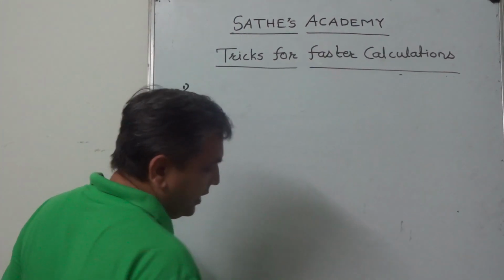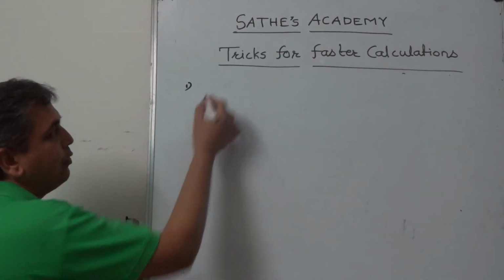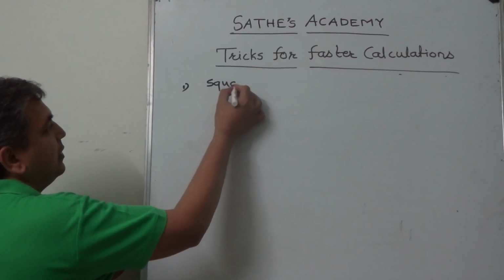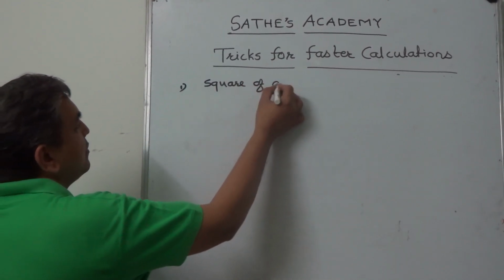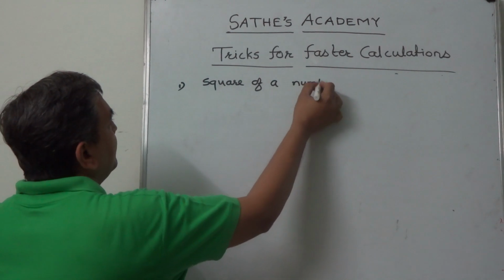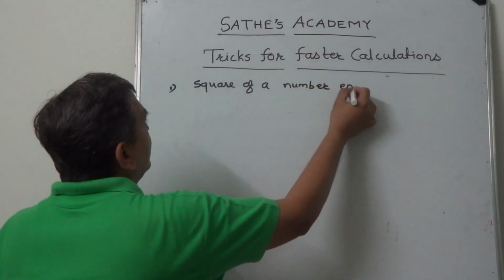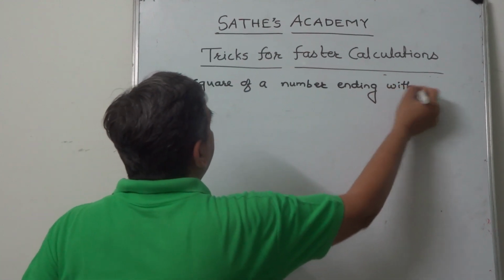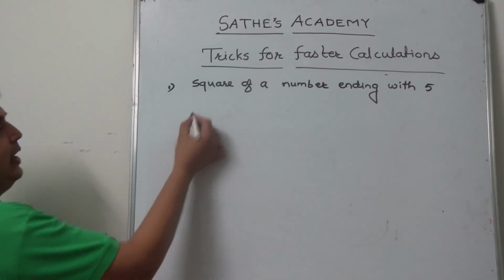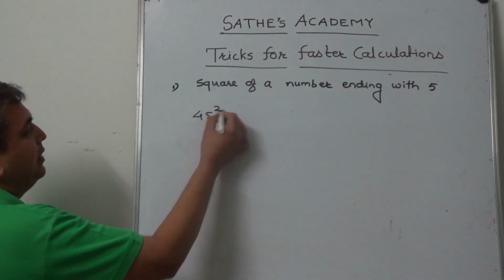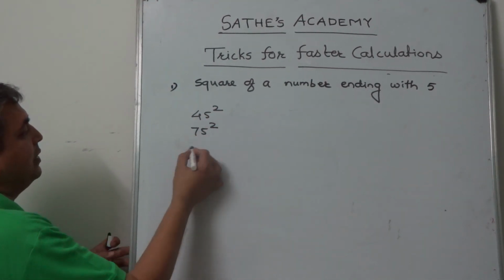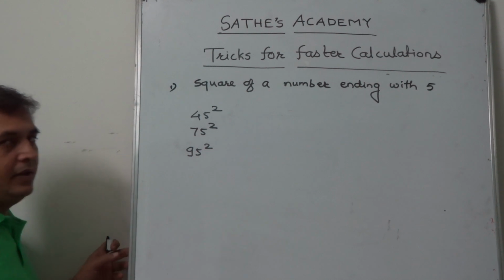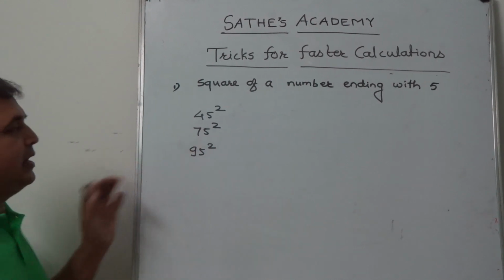The next basic trick, we take it for the square of a number ending with 5. Like if we want 45 square or 75 square or 95 square, we can write the answer directly.